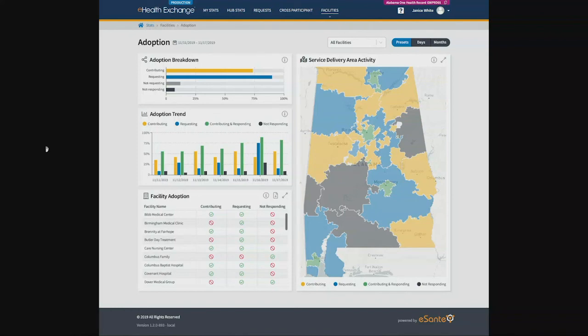We took a service delivery area activity, say in this case the state of Alabama, by 3-digit zip code, and where there are facilities contributing or responding or not responding or not reporting.